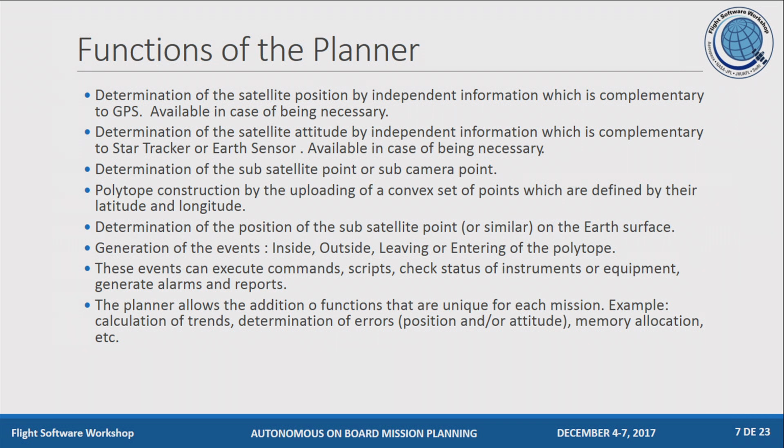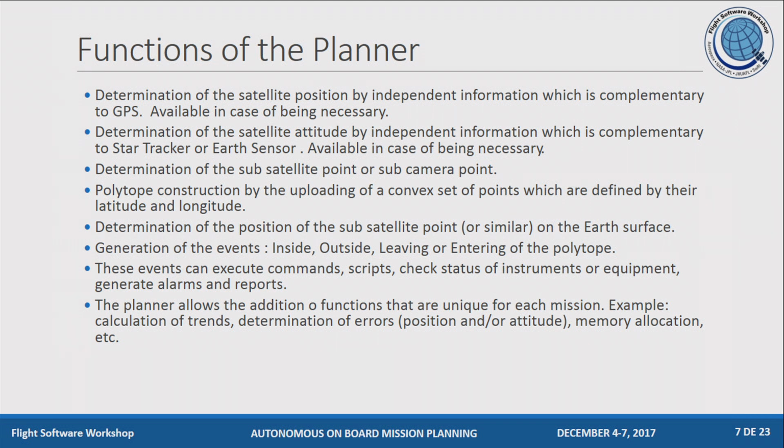The subsatellite point is a point on the Earth's surface linked to the nadir vector. Then you can have another subpoint for each instrument you have on the spacecraft, and each subpoint represents that instrument on the Earth's surface.